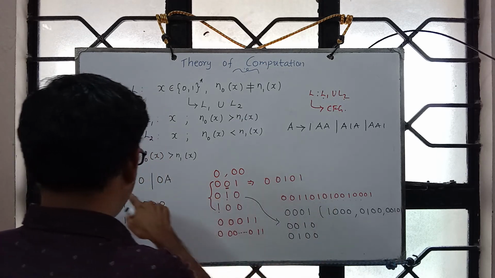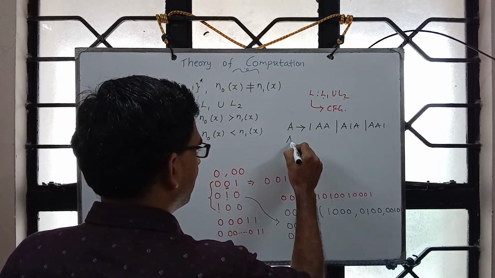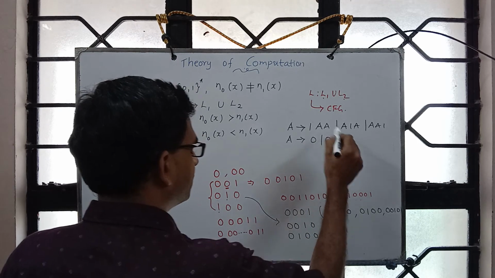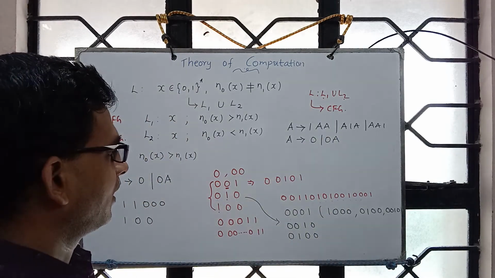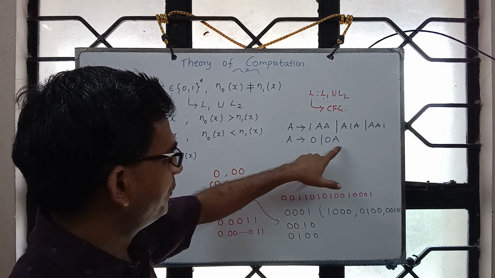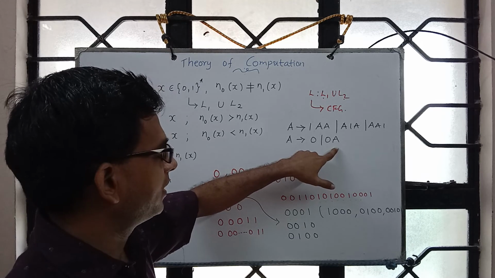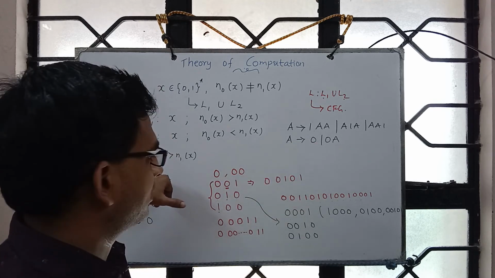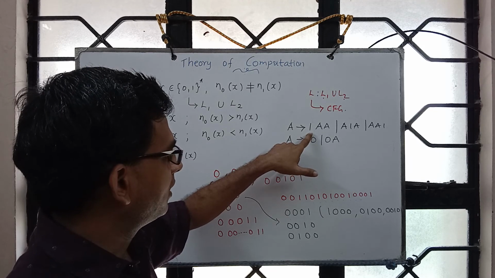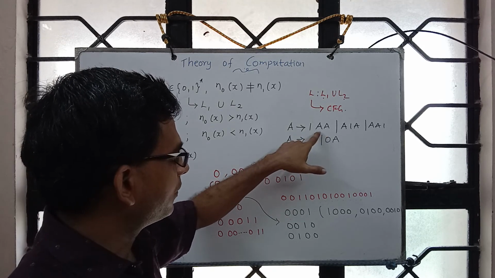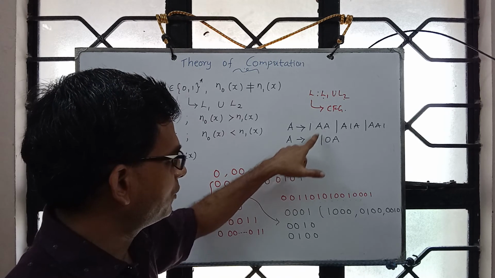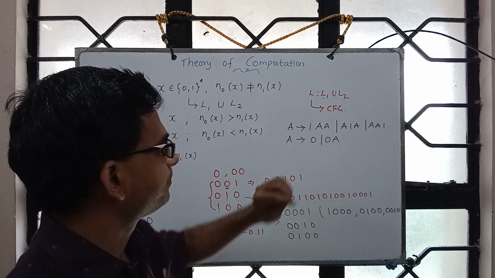Now along with this you bring this as well. A implies 0 or 0A. Now you can see that with this you can generate any number of zeros. This property is respected. Now you have a 1. Now these two should have 1 0, at least 1 zero, at least 1 zero.